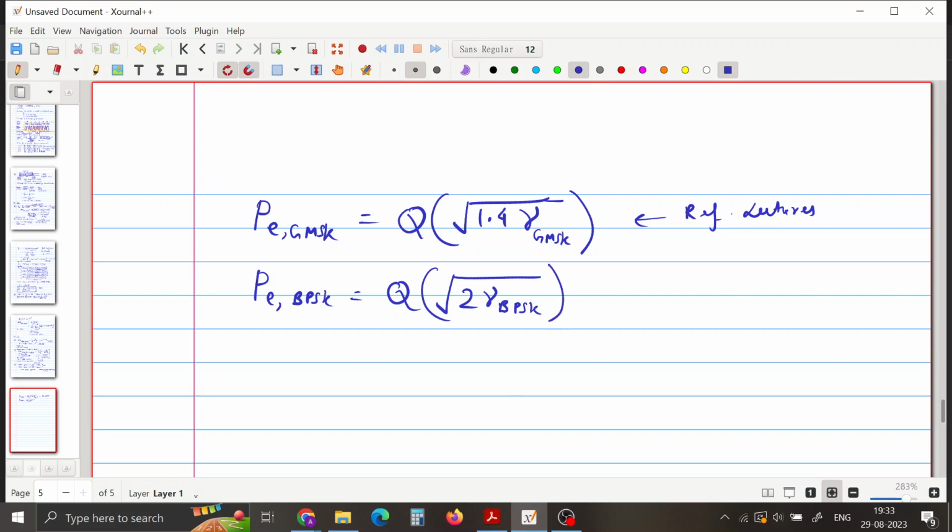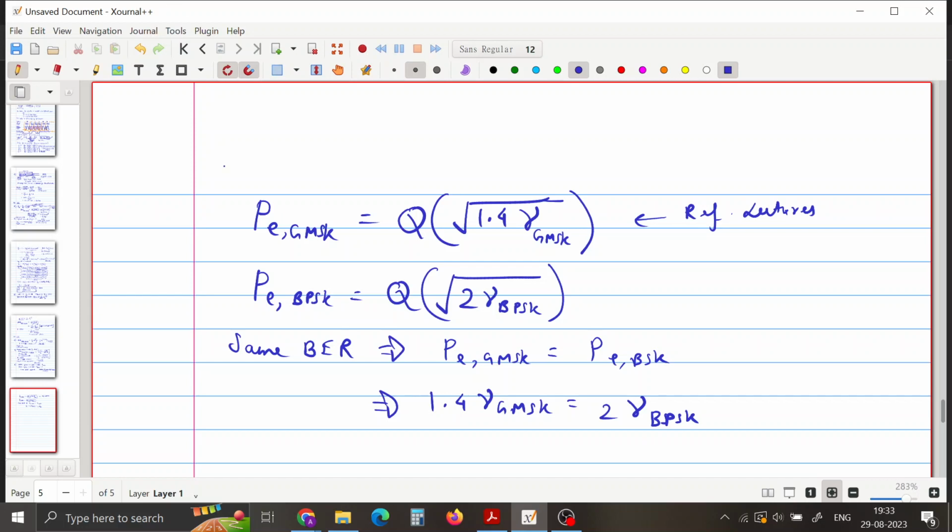This is known. Now if I am told in the question that same bit error rate means for the two systems the probabilities of bit error are equal. Now if you equate these two Q functions, so what do you get? Basically 1.4 gamma GMSK equals 2 gamma BPSK.